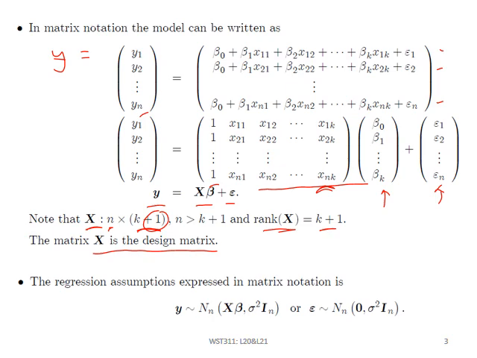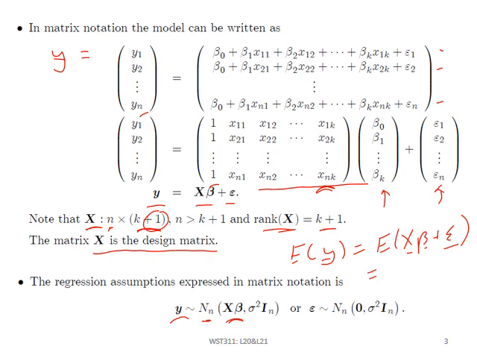Here, if we introduce these assumptions, we have that Y follows a multivariate normal distribution of dimension n with an expected value x beta. Why the expected value x beta? Well, the expected value of the random vector Y equals the expected value of x beta plus epsilon.